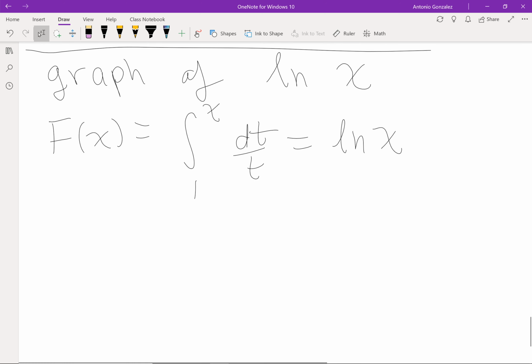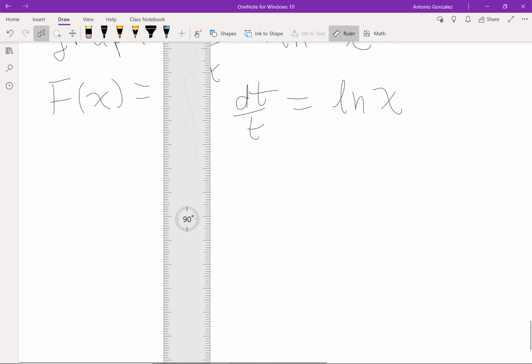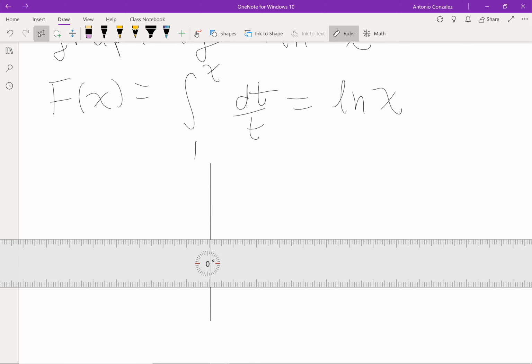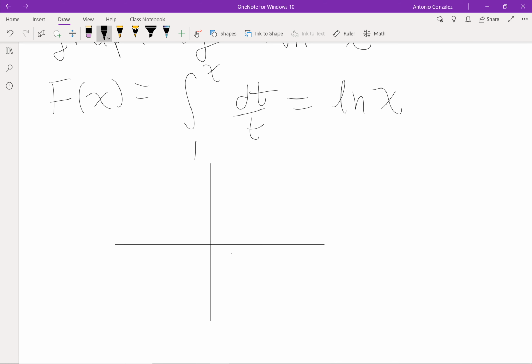Okay, and let's draw a graph of this here. Let's say that this is 1, and our graph would look something like this.